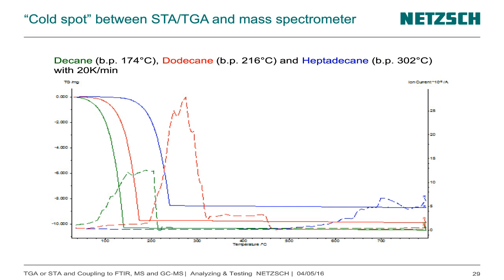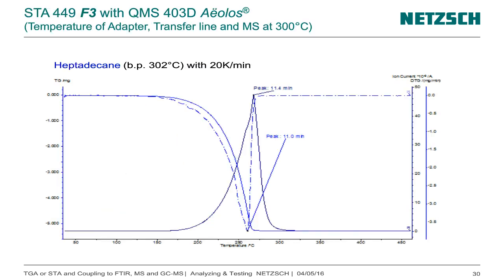I have done the same measurement with the same mass spectrometer and the same settings of the mass spectrometer with an STA and the normal heated adapter, and you can see that there's a small difference in time between the maximum of the TIC and the minimum of the TGA curve. This is around half a minute.